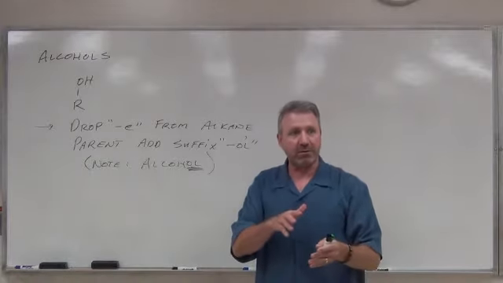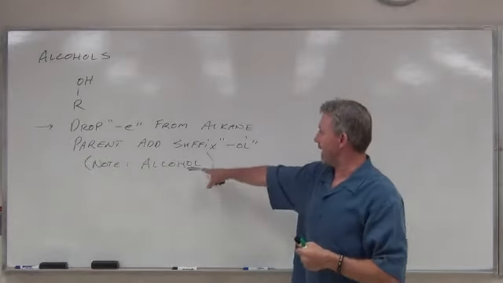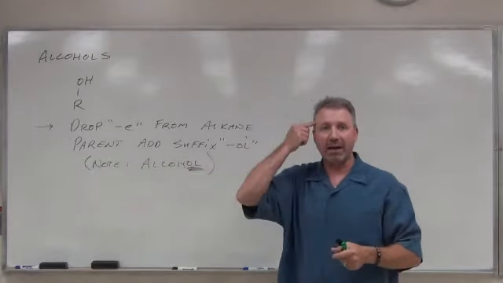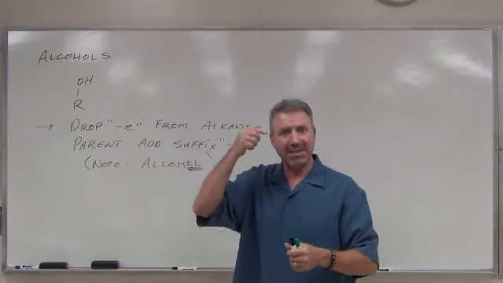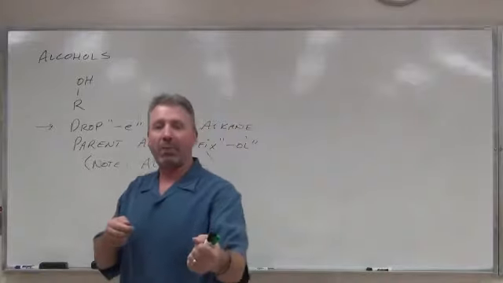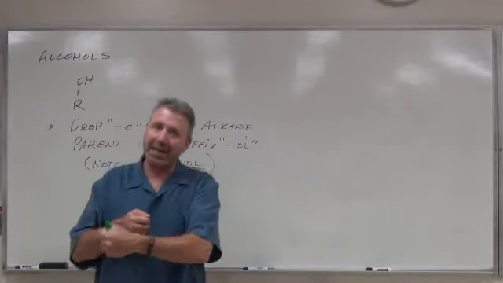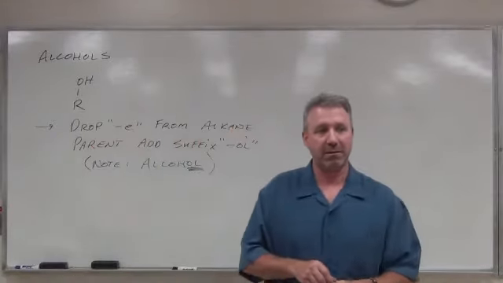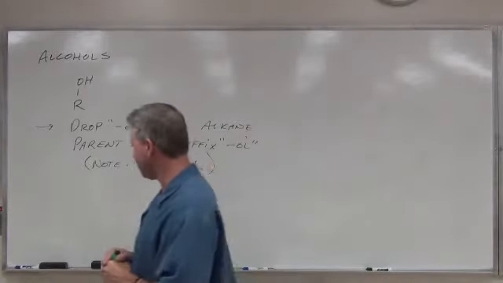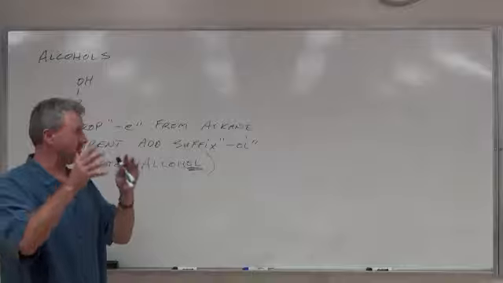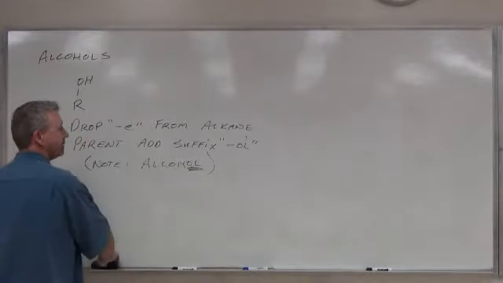They translate to functional groups. So when you see something that ends in OL, you're automatically thinking OH group. Okay, they translate. When you see ENE, double bond. When you see YNE, triple bond. Okay? When you see ANE, you know it's alkane. Okay? You really have to focus in on it.